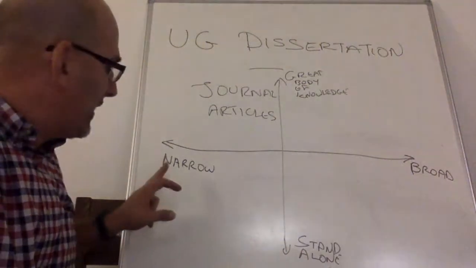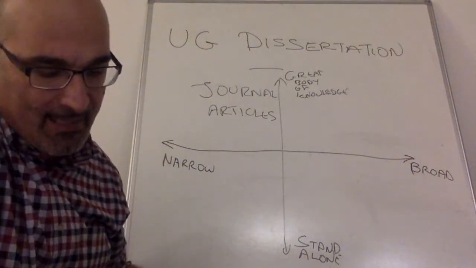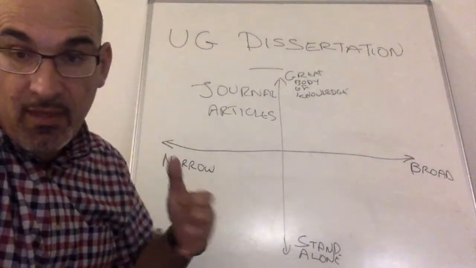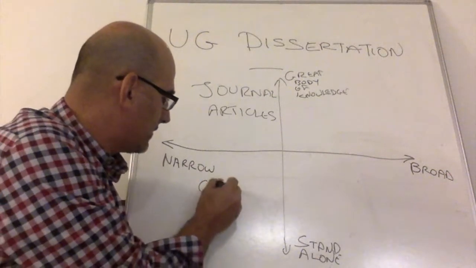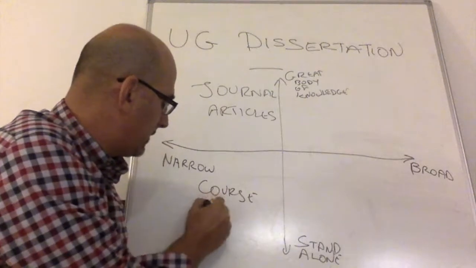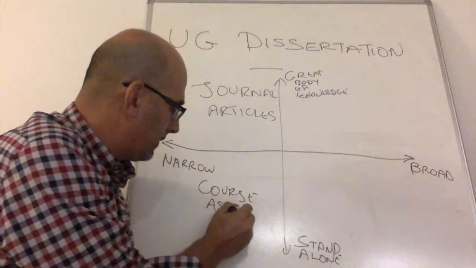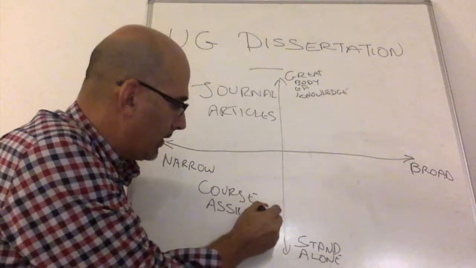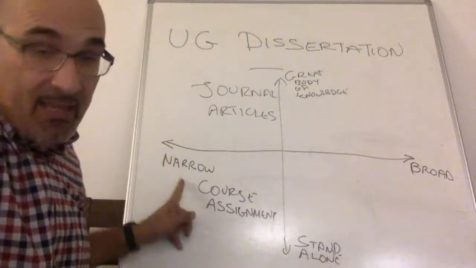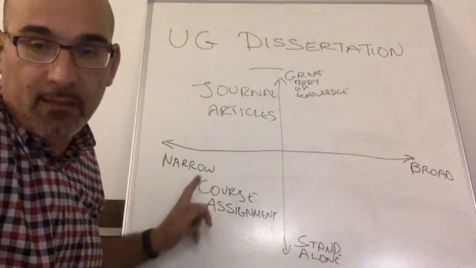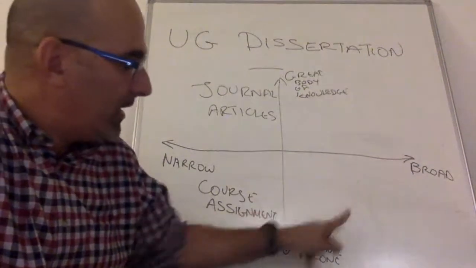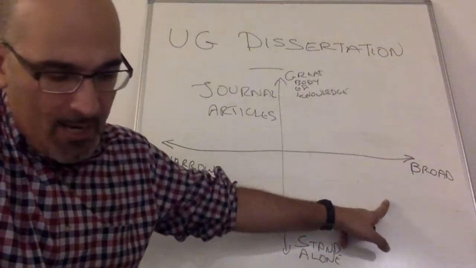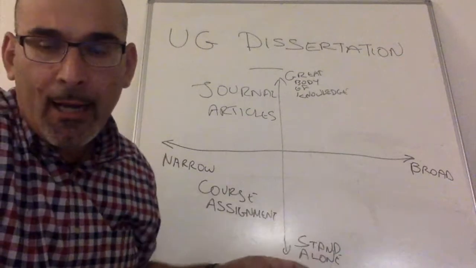Now let's look at something that is narrow and can stand alone. If you think through your work in your undergraduate, most of your course assignments are right here. They can stand alone. There are pieces of work that a particular module has asked you to do. Right here, stand alone, and it's a little bit more broad.